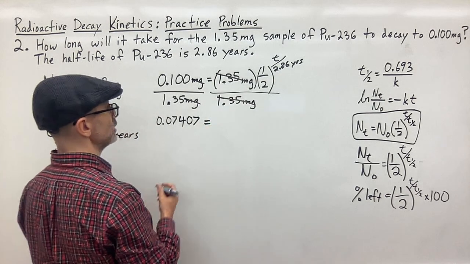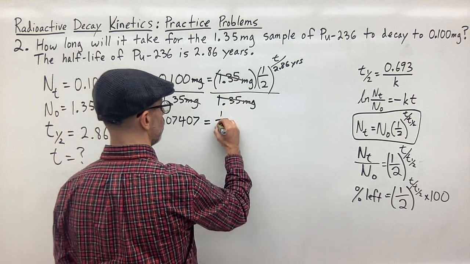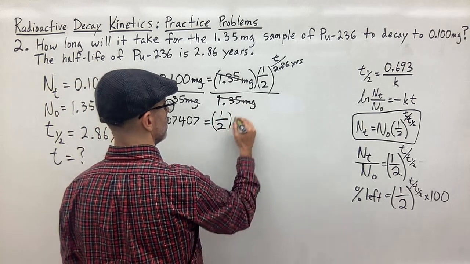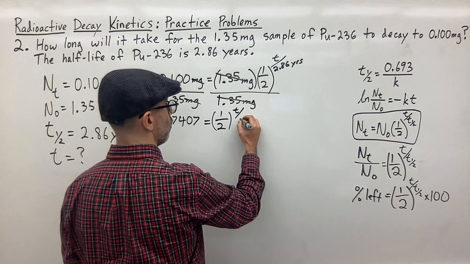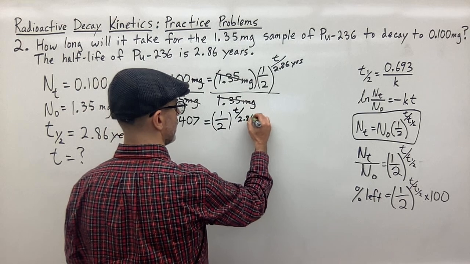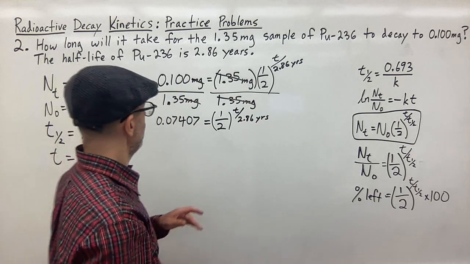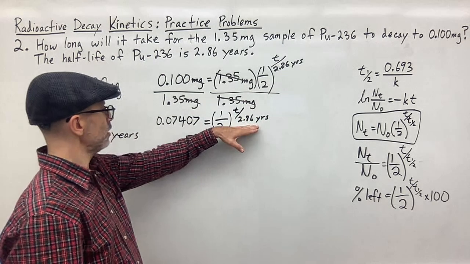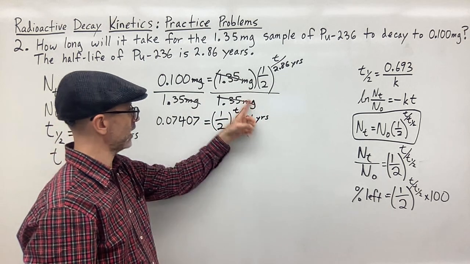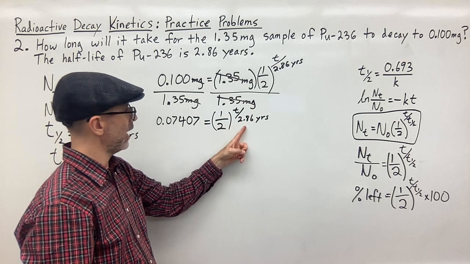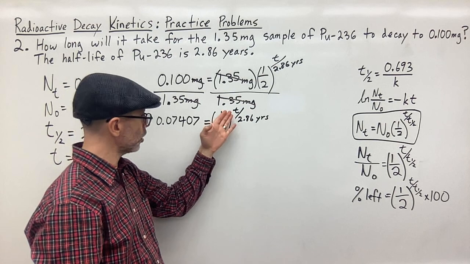And that's going to be equal to 1/2 raised to t over 2.86 years. Now, here I have this as a fraction. This fraction is a power to 1/2.